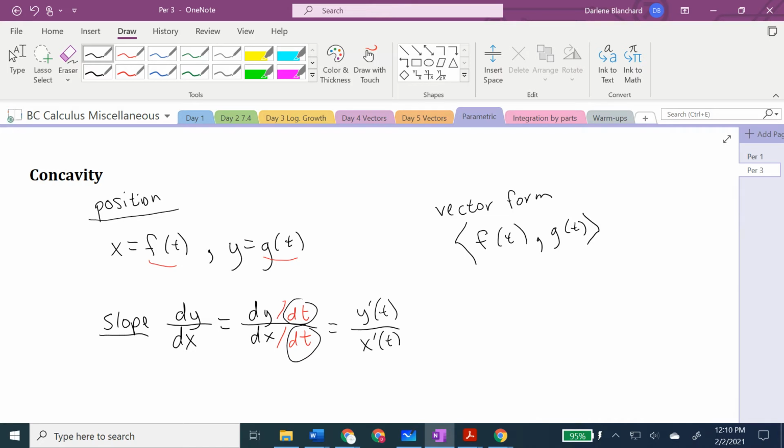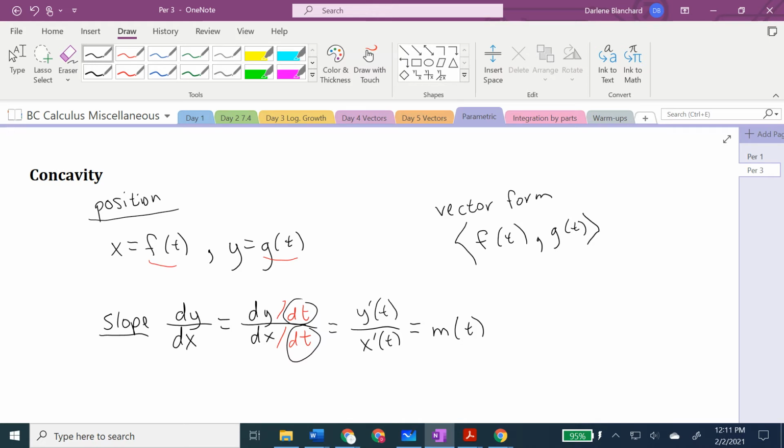Now, I am going to call this slope a function, and I'm going to name it m because we're familiar with m representing slope. So this is slope with respect to time, and I want you to take a moment to understand. We started with an x and a y function. We had two separate functions with respect to time.